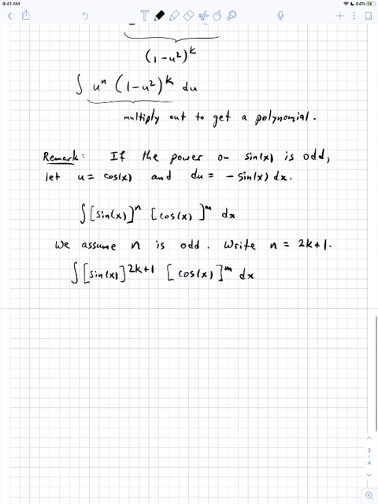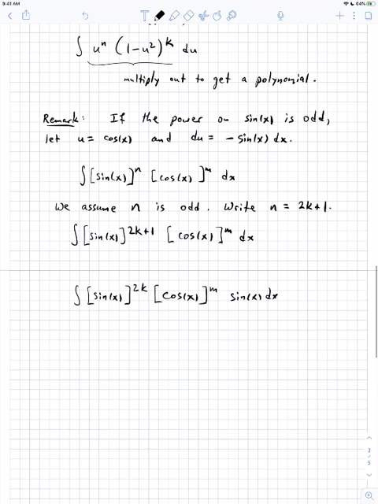And now what we're going to do is strip away that one sine. So now it's going to be the integral of sine x to the 2k times cosine x to the m times sine of x dx. And so now we let u be equal to not sine but cosine. And then du is minus sine of x dx. So u is cosine, so this term right here is going to be u to the m.